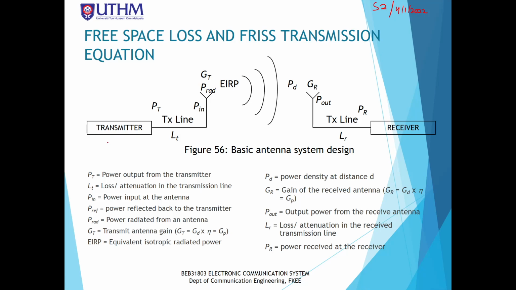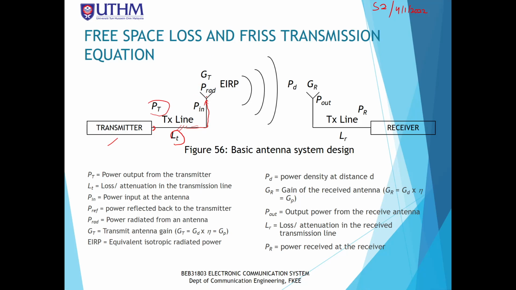So this is a transmitter. The transmitter produces power, which is what we call PT, power transmit. And this signal goes through the transmission line towards the antenna. Within this transmission line there are going to be losses, which is defined as the LT parameter. The power supplied to the antenna is what we call P input to the antenna.